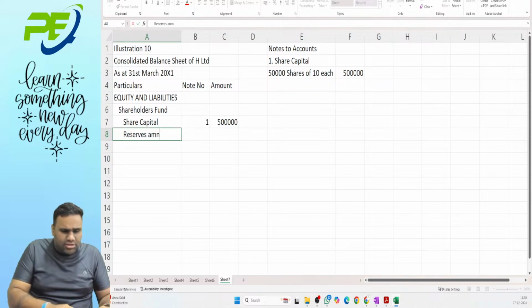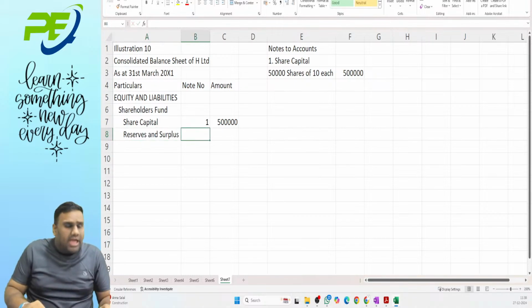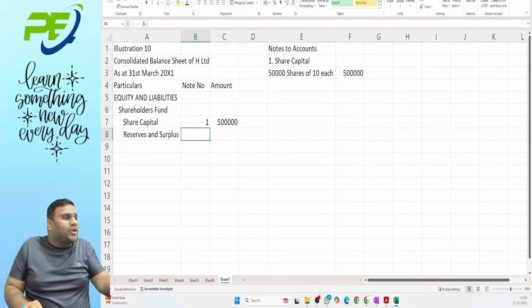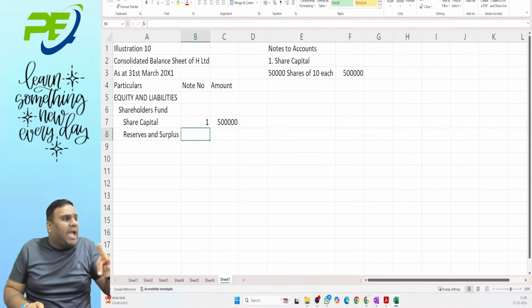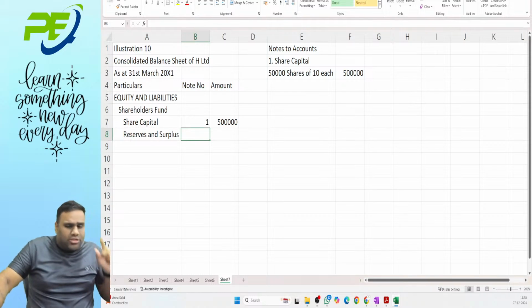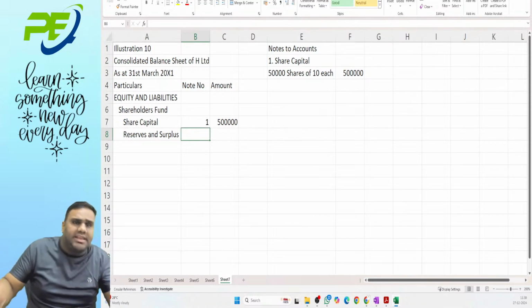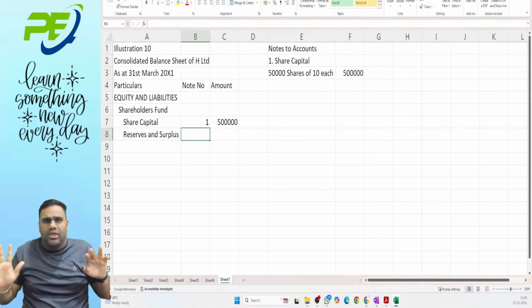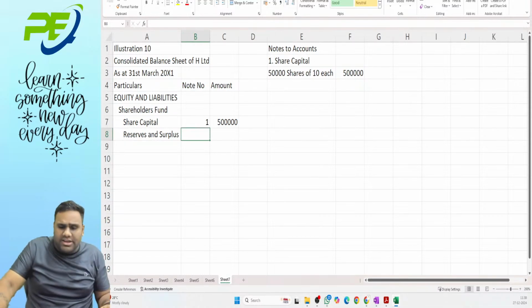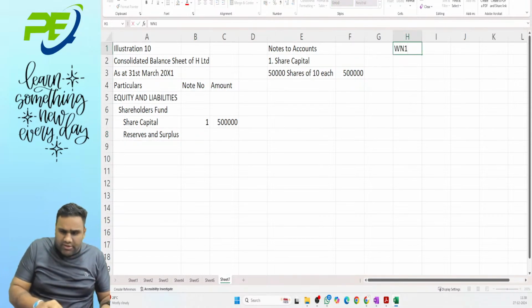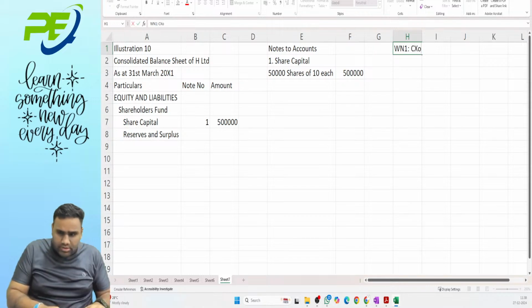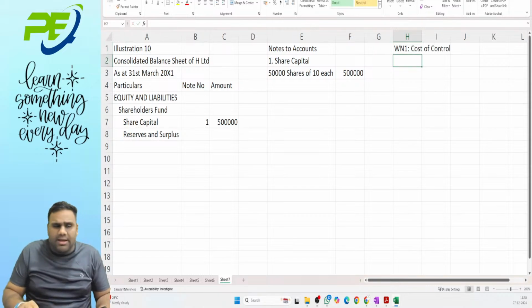Now, we cannot do this without calculating cost of control, because in cost of control, it is either goodwill or capital reserve. If capital reserve, it will come here. So notes to accounts is separate, working note is separate. So now I am doing working note 1. Cost of control. What do we compare?